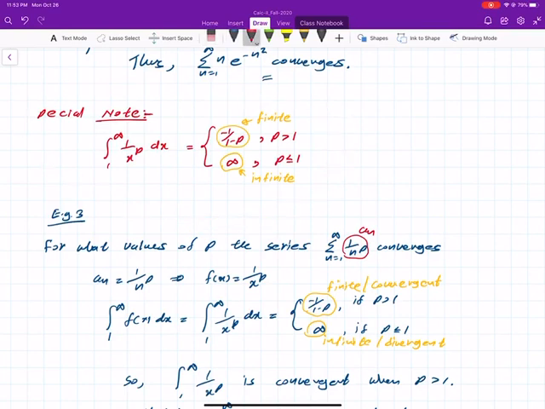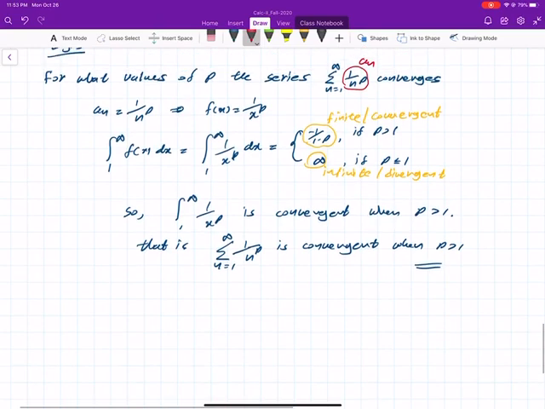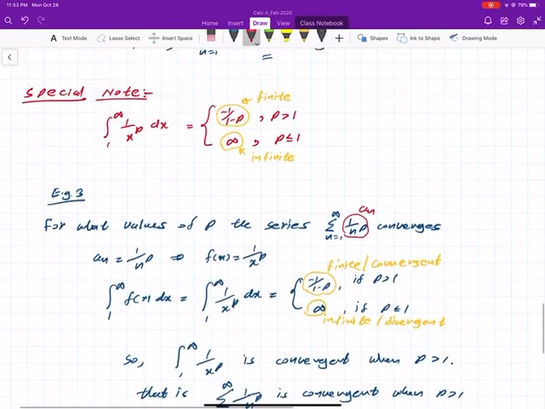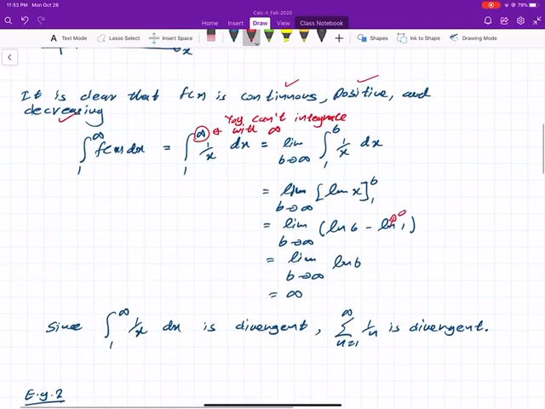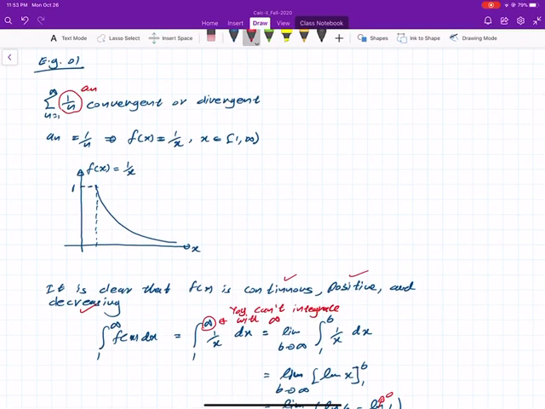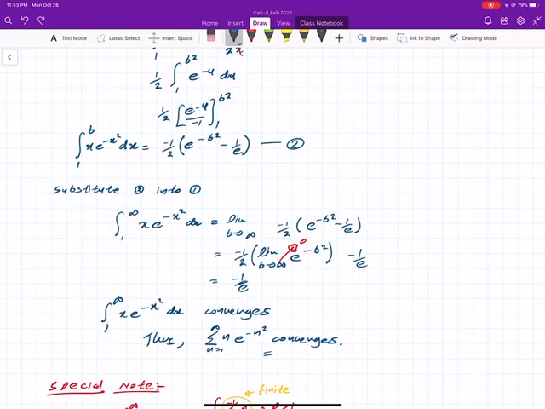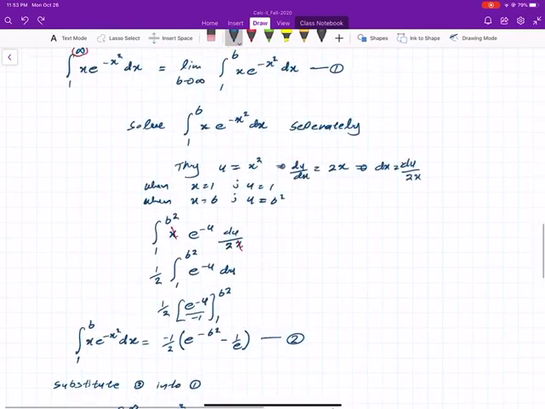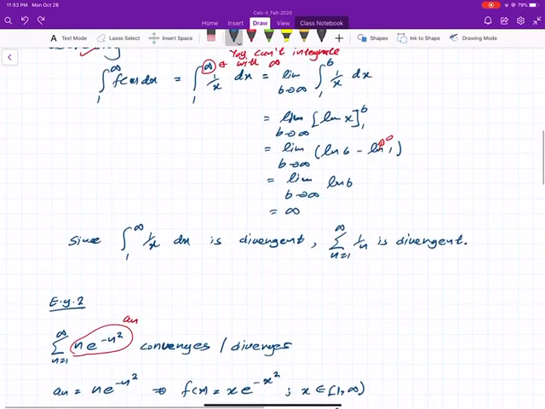All right, so this is the end of the section where we learn the integral test. We discussed 3 good problems. This is the first problem that we discussed. Here the series is sigma n goes from 1 to infinity, 1 over n, and that series was divergent.